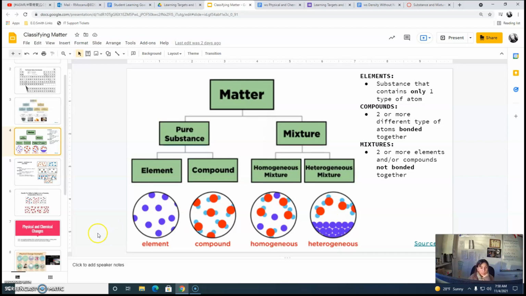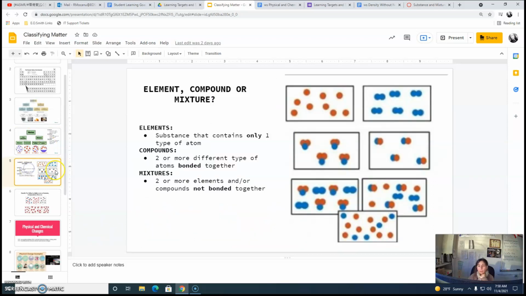Let's look through a few more examples and really try to get the skill down. Again, elements are substances that contain only one type of atom. Which of these diagrams would be elements?